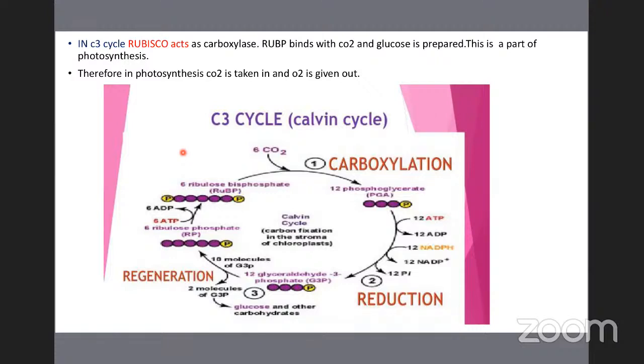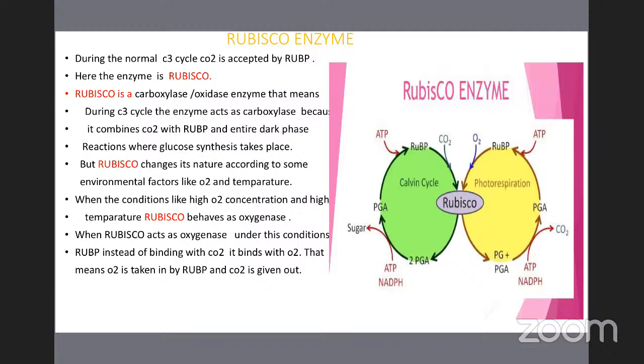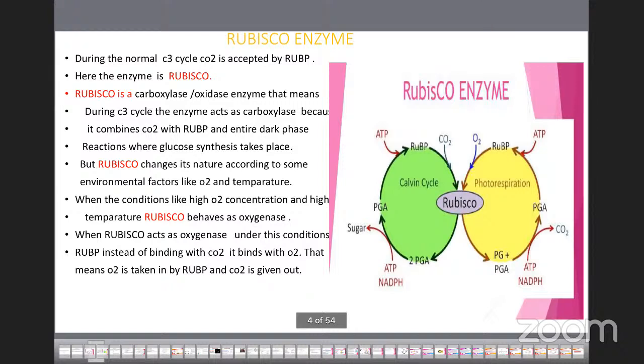In this C3 cycle, and also in the light phase, ATP molecules and reducing power are both synthesized. Next, about the Rubisco enzyme, just look at this picture.